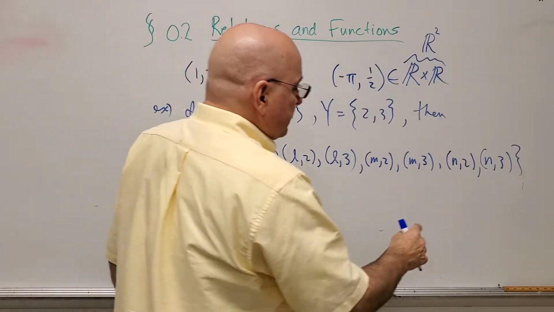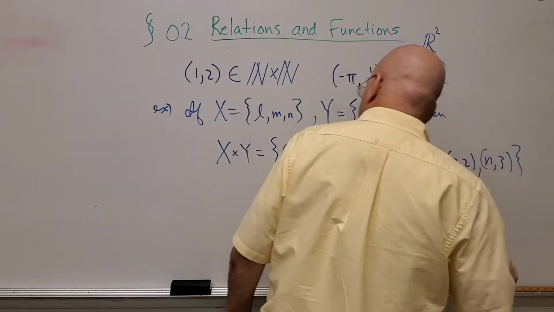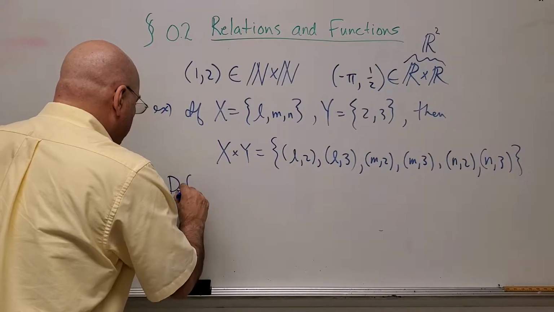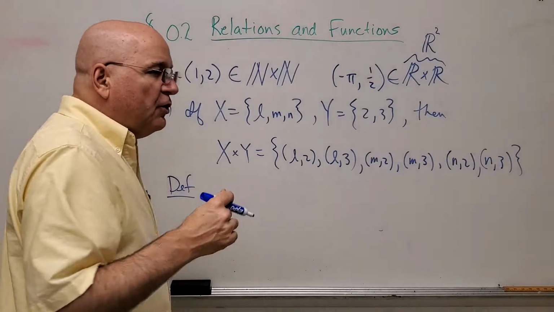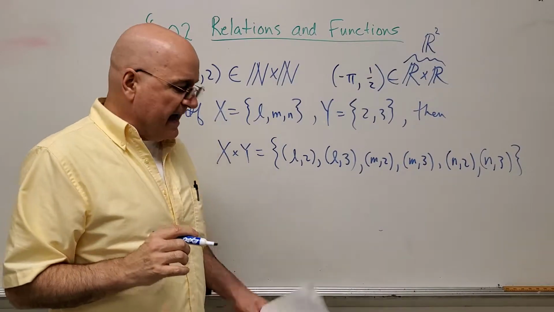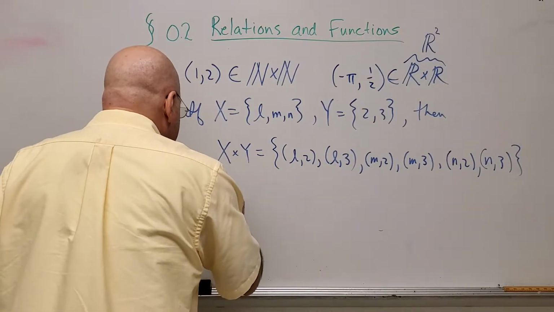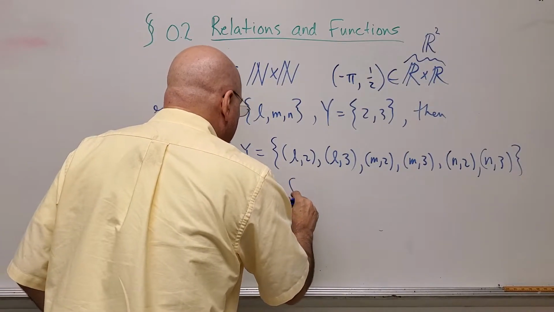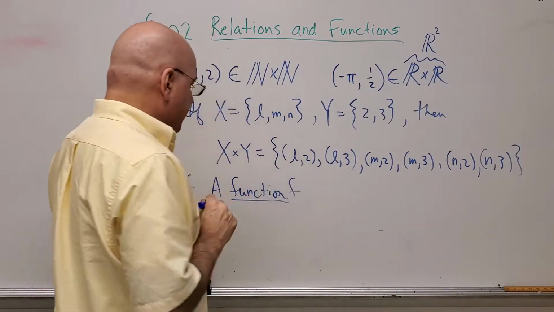I think I'll squeeze in one more definition down here at the bottom. Probably a definition that we all know, but maybe you've not seen it exactly like this. A function F. So we're defining a function.